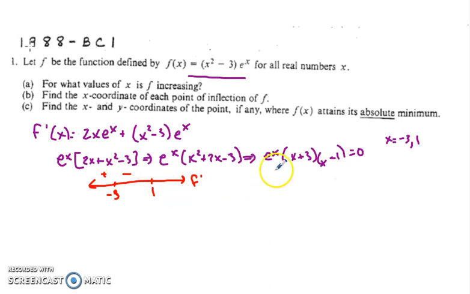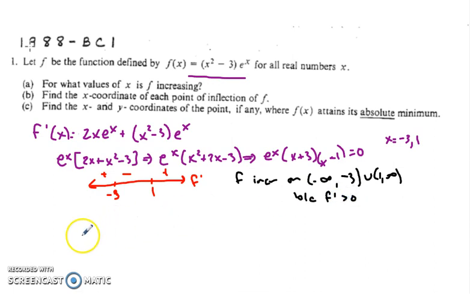If I plug in 2, I get out positive, positive, positive. So the question asked, where is f increasing? And so we say that f increases on the interval from negative infinity to negative 3, union 1 to infinity, and our justification, we always write it because f prime is greater than 0. So that is part A.